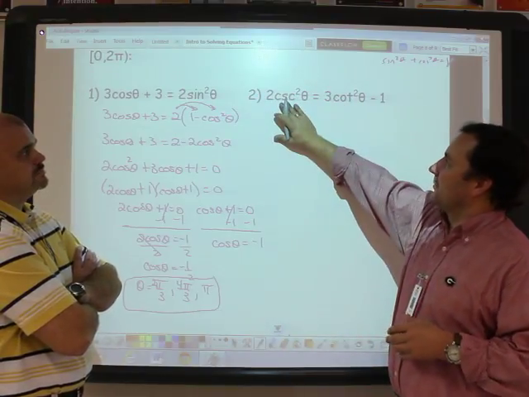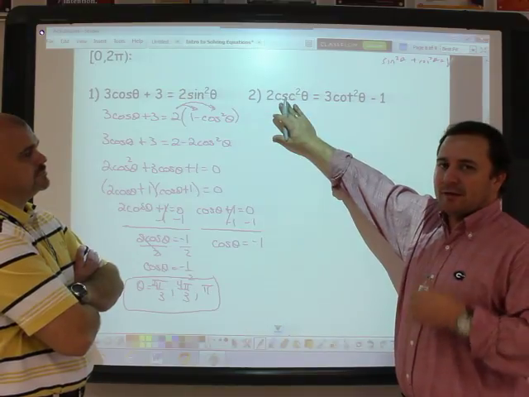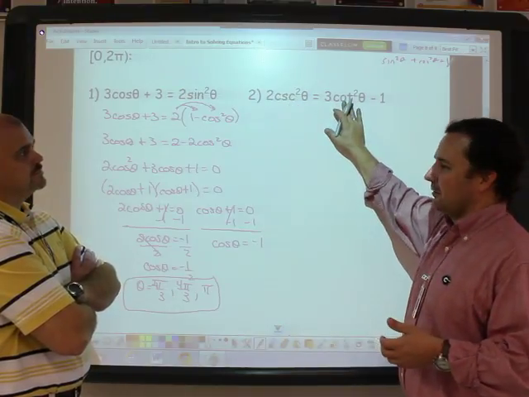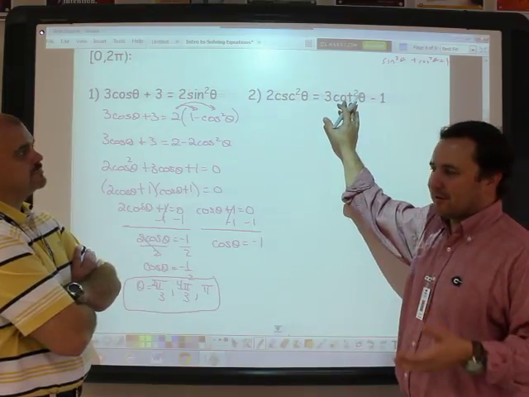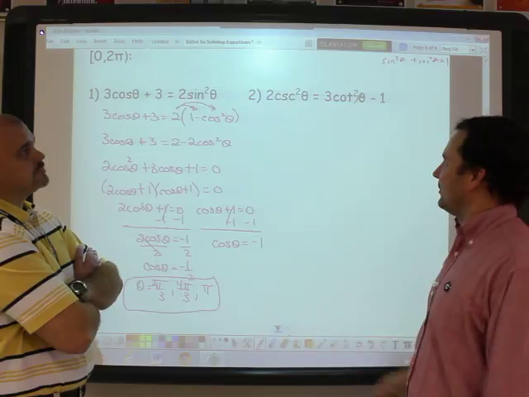I can flip cosecant and get sine and just think about y, as opposed to cotangent or tangent, thinking about both x and y coordinates at the same time. It seems like that would be a little bit easier.